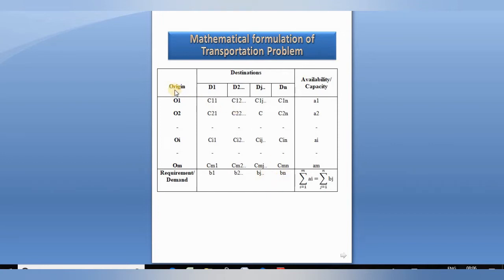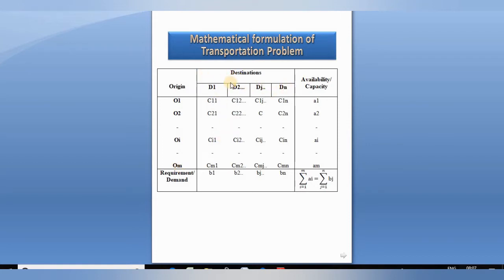Suppose a manufacturer of an item has m origins. Origins means plants, factories situated at places O1, O2, Oi and Om. Suppose there are n destinations.